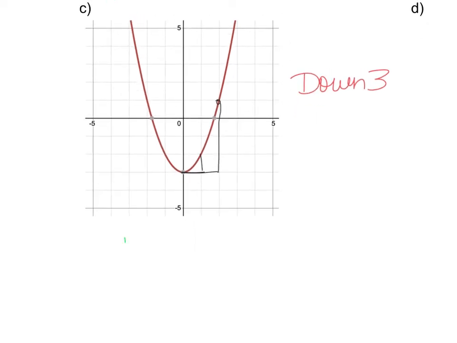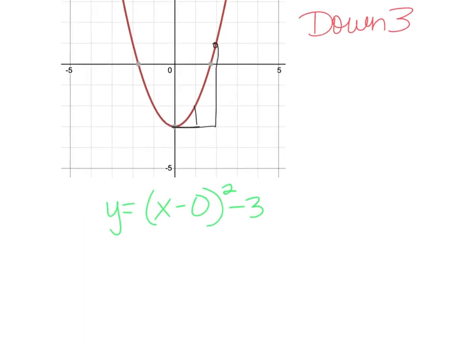So you're going to write it as y equals parentheses. Now, since it's not shifted left or right, you have 2 different ways to write it. The first way is kind of the long way, so it would just be x minus 0, close parentheses, squared, and then down 3 is minus 3. Okay, that is a perfectly acceptable way to write it in vertex form, no big deal.